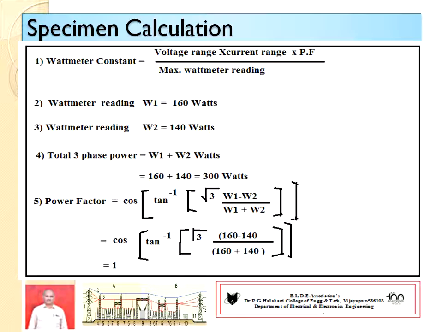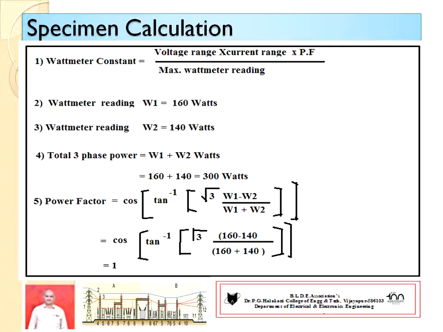Lastly, we have to see the specimen calculation. After taking the readings, you have to show one set of specimen calculation, how you are doing the calculations in your experiment. Number 1, we have to calculate the wattmeter constant, the multiplying factor for an analog wattmeter.